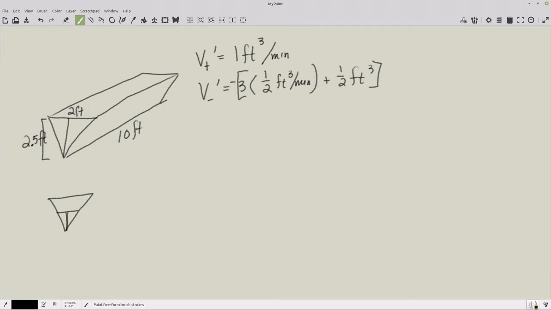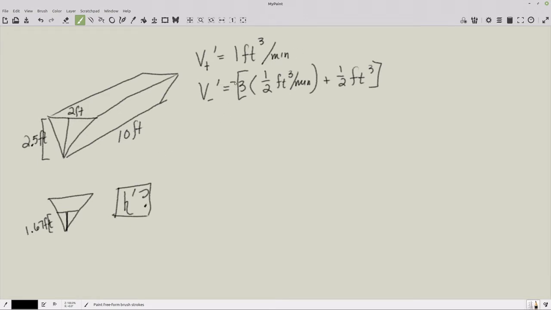And 1 foot 8 inches is 1 and 2/3, so we'll call it 1.67 feet. Hopefully I did my math right there. And it's asking how fast the swill level is falling, so it's asking for the derivative of h. This is our question, and this actually gets kind of intriguing.